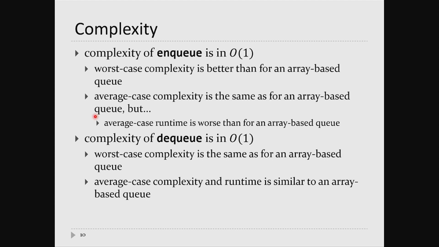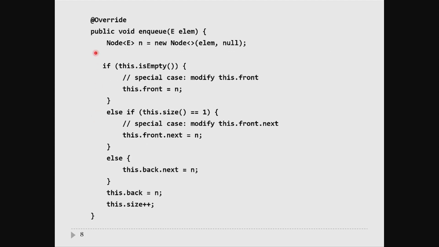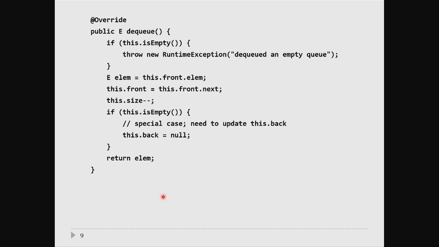OK, so let's look at enqueue. If you scan through this code, you'll realize that nothing here depends on n, the number of elements in the queue, well, except for the empty and the size 1 case. But the general case does not depend on the number of elements in the queue. So the worst case complexity of this method is big O(1).